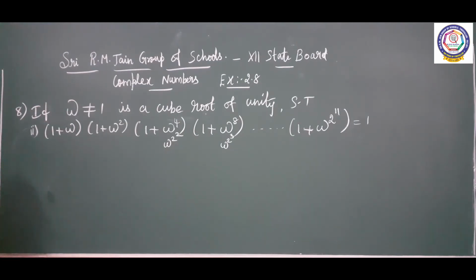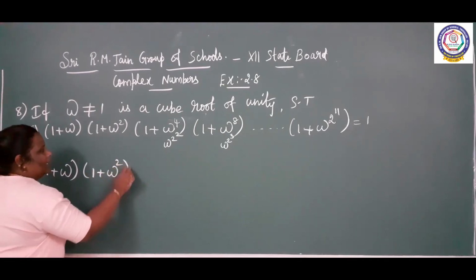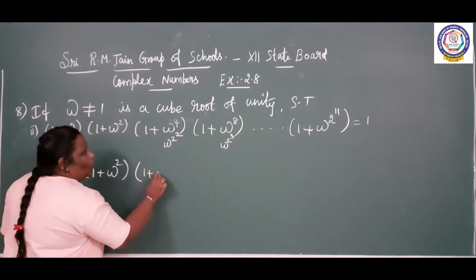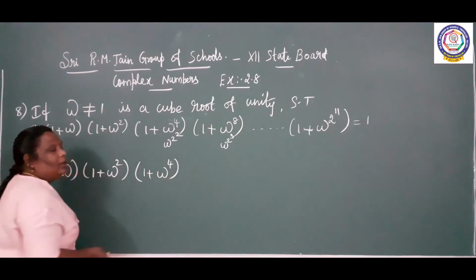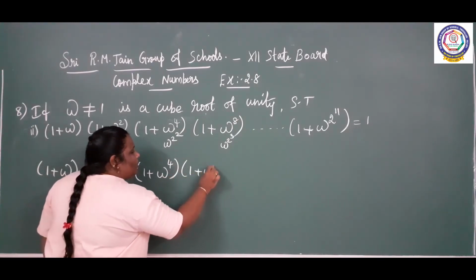See here, we will write 1 plus omega up to 2 power 11 values. 1 plus omega square, 1 plus omega power 4, next 1 plus omega power 8.